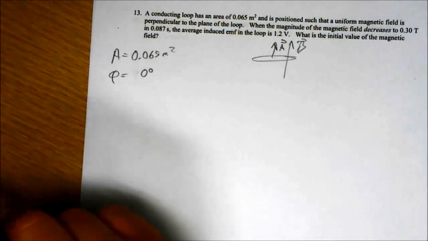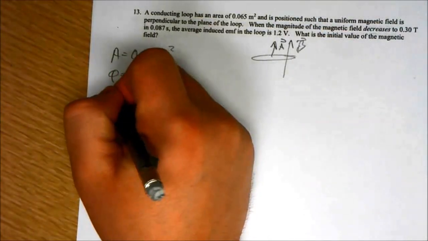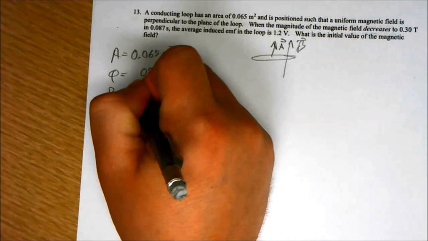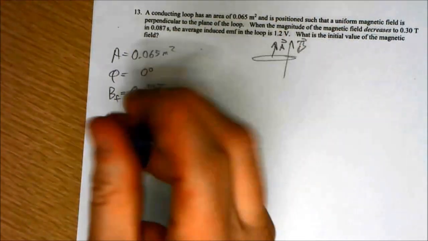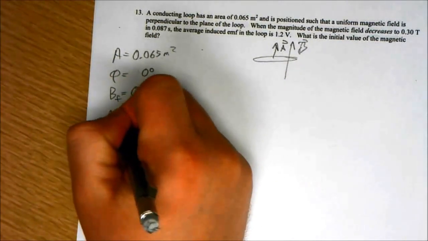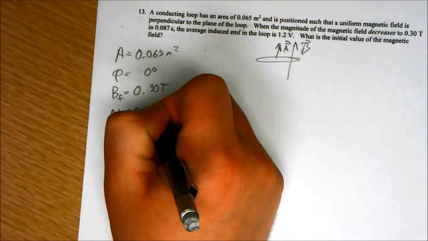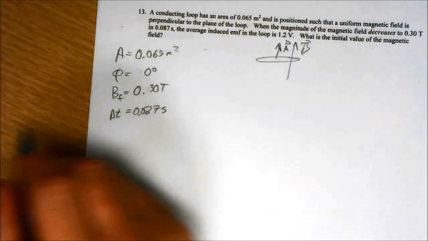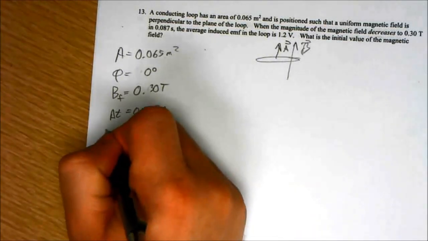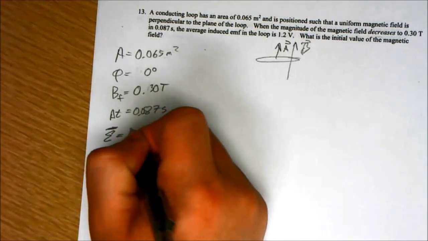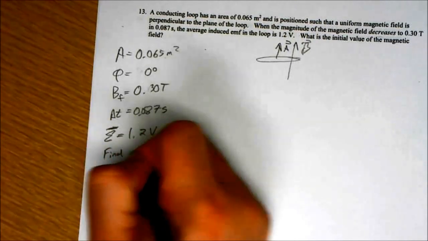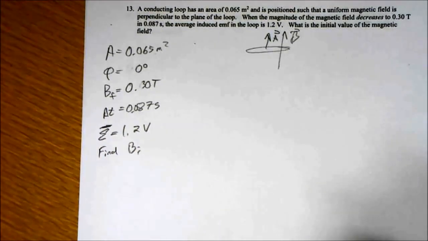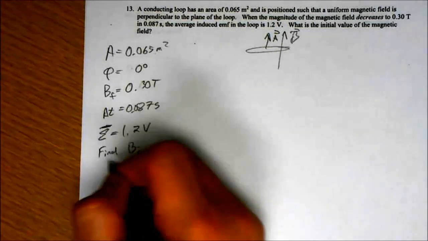The magnetic field decreases, so I'm going to say the final magnetic field is 0.30 Tesla, and the amount of time that takes is 0.087 seconds. And we are also told that the average induced EMF is 1.2 volts. So we need to find the initial magnetic field. Oh, we also know that it's only one loop, so n equals 1.